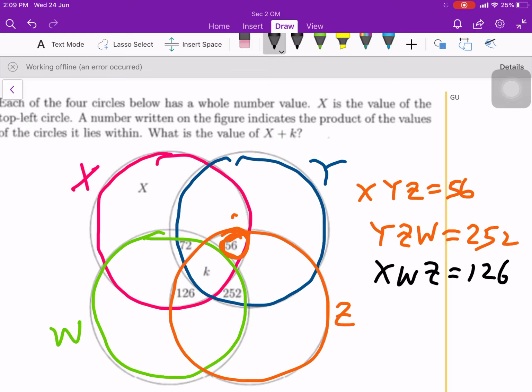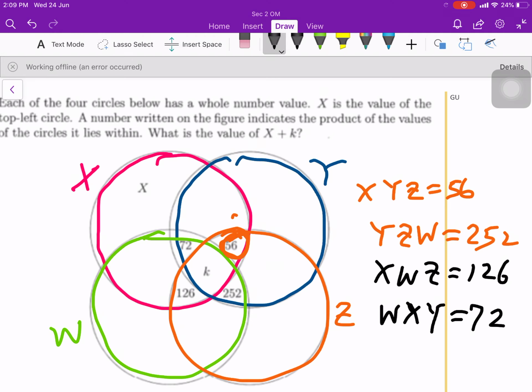And then after that, finally, we look at 72. 72 is actually w, x, y, so it should be wxy. That will be just equal to 72, right?